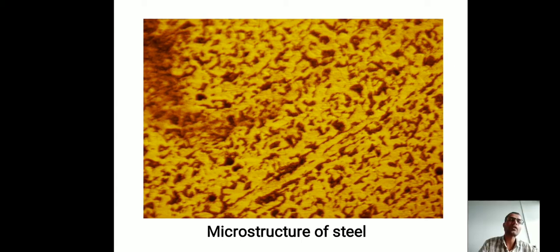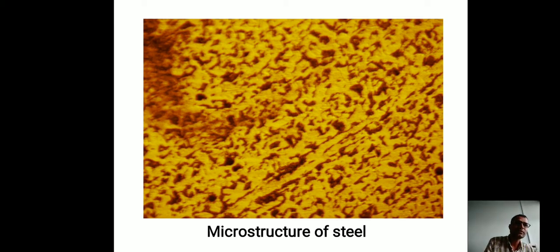Why is microstructure required, or what is the importance of microstructure? Physical and chemical properties depend on the microstructure, because microstructure consists of different phases. When the material changes, the phases change, and according to the phases, the physical and chemical properties will be different.